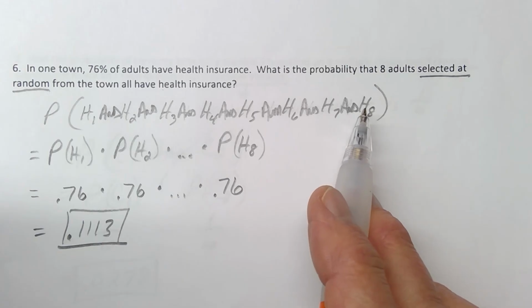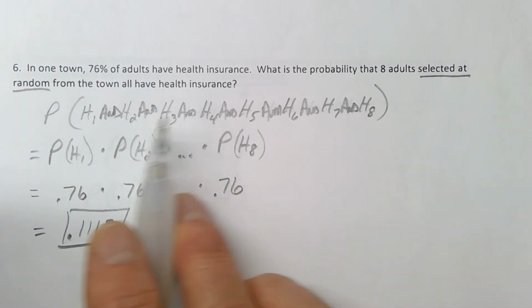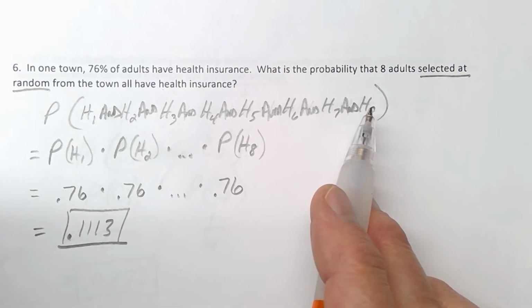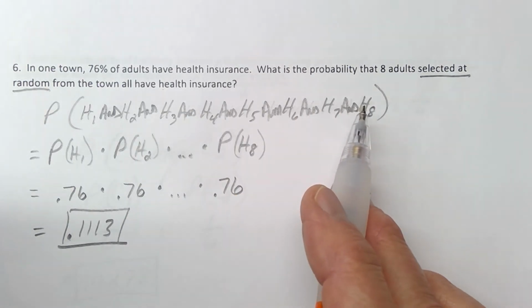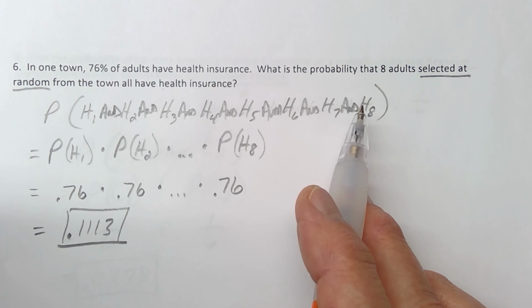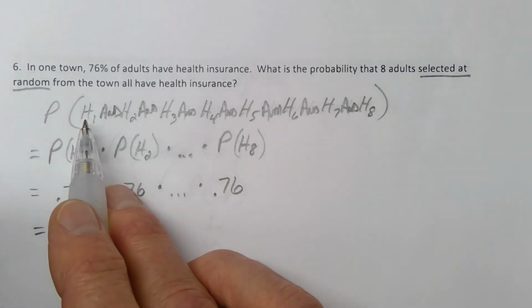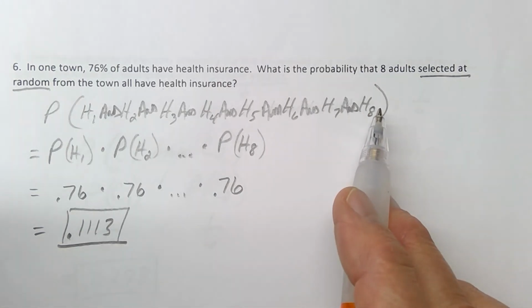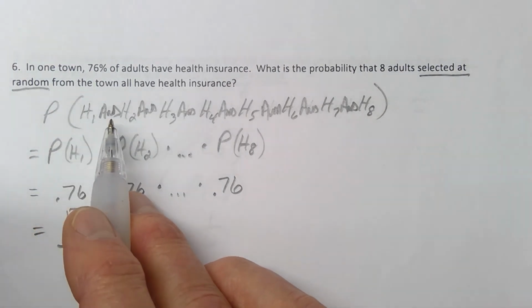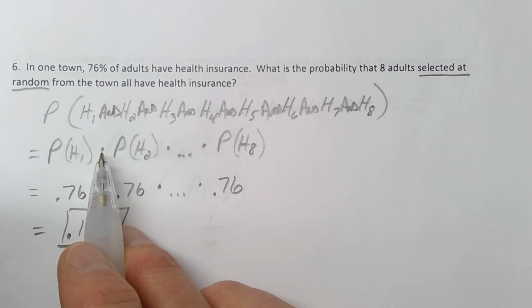All right, this is kind of like a Vegas bet. What are the odds that I can grab 8 people in a row and never miss, that each one of them has health insurance? Sounds like a craps game or something where you're rolling the dice, and you just keep winning. So since this is an AND rule, we're using the multiplication rule.